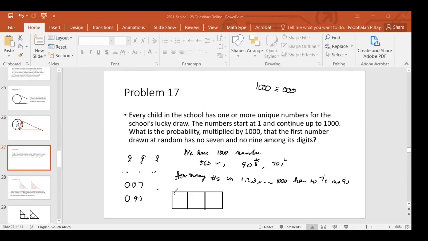You are allowed 0, 1, 2, 3, 4, 5, 6, but not 7, 8, and not 9. So of the 10 digits from 0 to 9, 2 are missing, so you will have only 8 possible ways in which you can fill this box.